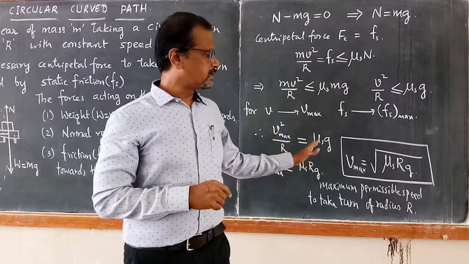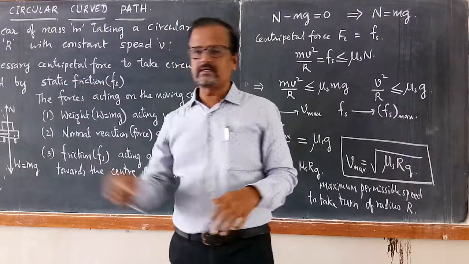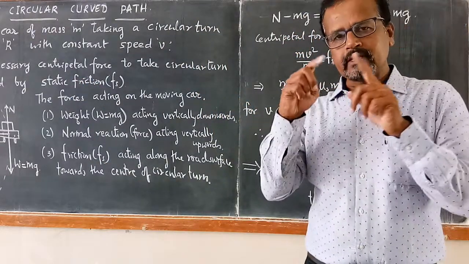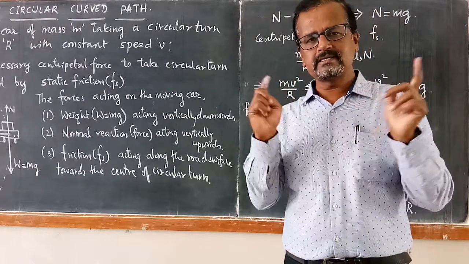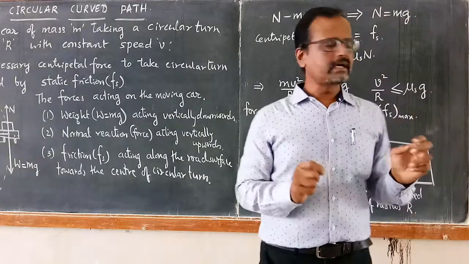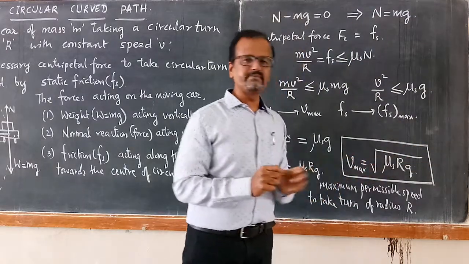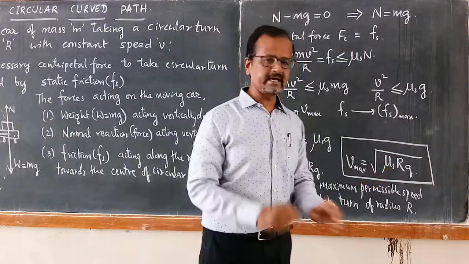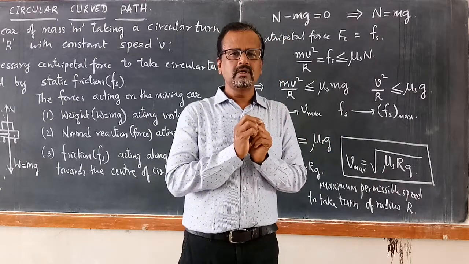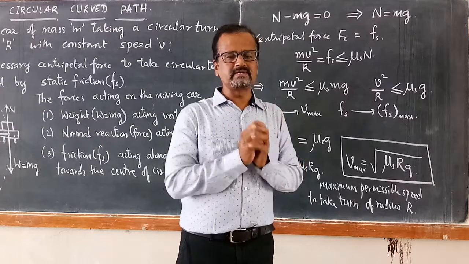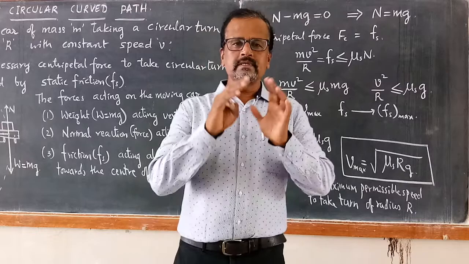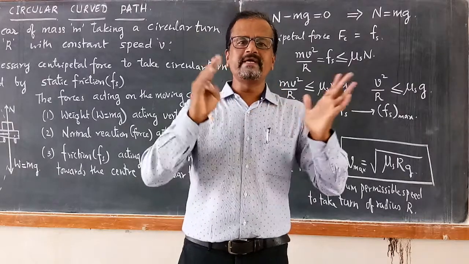In the circular turn which we have discussed here, the centripetal force is provided by static friction, and you know static friction depends on the coefficient of static friction, that is mu s. So mu s takes a higher value for rough surface of the road, and mu s takes low values for smooth surfaces. So the static friction will not be always same.